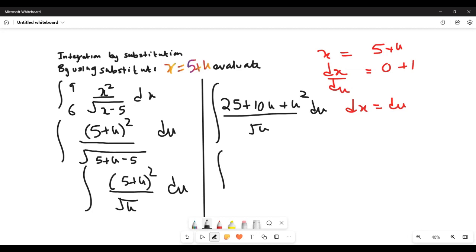Now I'm going to bring the power up square root of u and split it. So I have 25 u power minus half plus 10 u power half, and then plus u power 2 minus half हो गया 1.5 और 3/2 कर दे du.